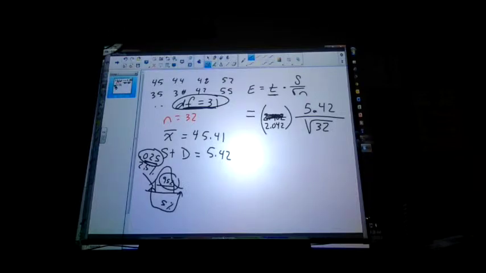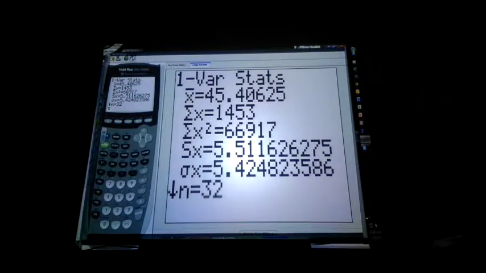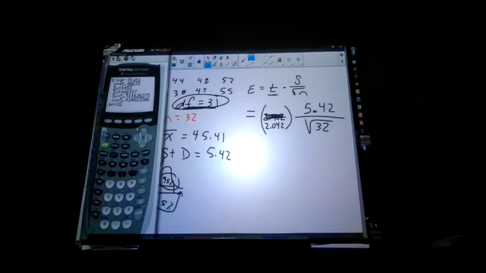Okay, so using the calculator, I'll reduce it down. I'm going to go 2.042, that's right, times 5.42 divided by square root of 32.